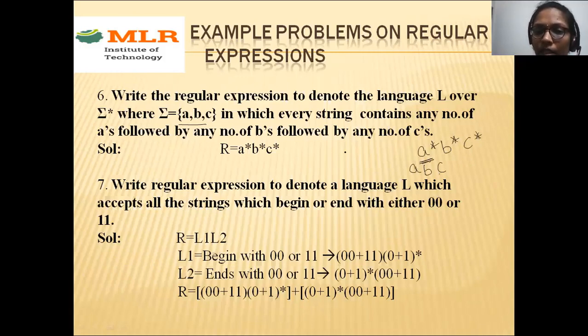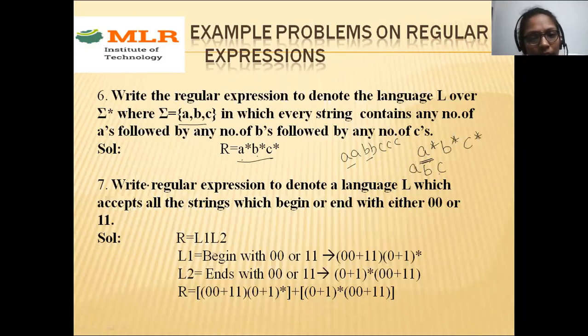The count is your wish, ma'am. If you are taking two A's, it's not mandatory to take two B's, right? That is your wish. You can take any combination here. So the expression is A star, B star, C star.